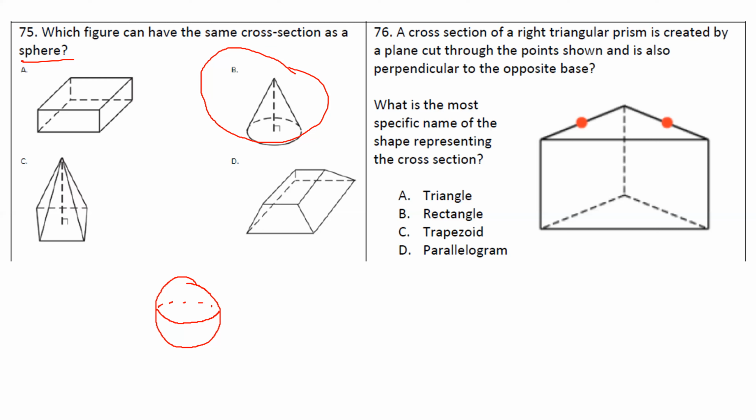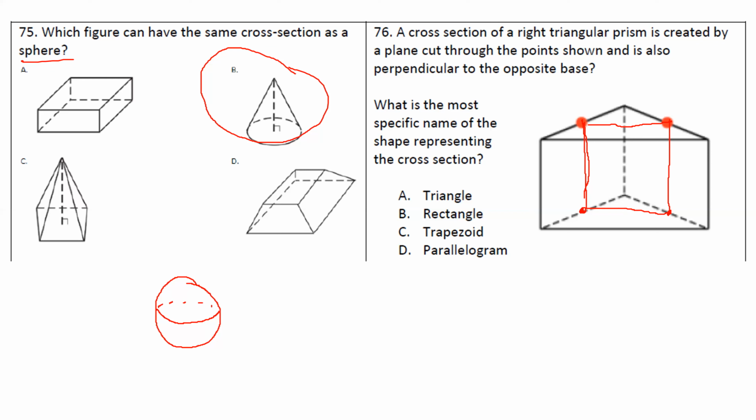On 76, the cross section of a right triangular pyramid created by a plane cut through the point shown and also perpendicular to the opposite base. So if it went straight down to the opposite base, what shape does that give us? Not going to be a trapezoid.